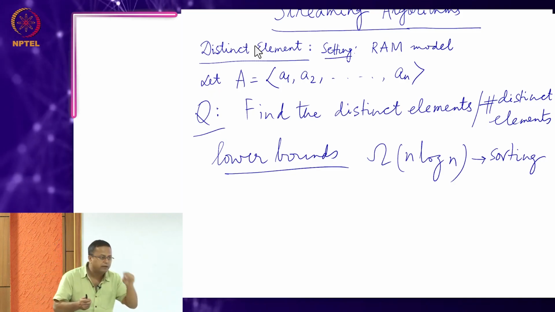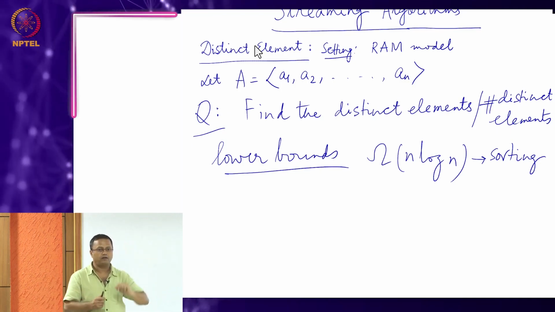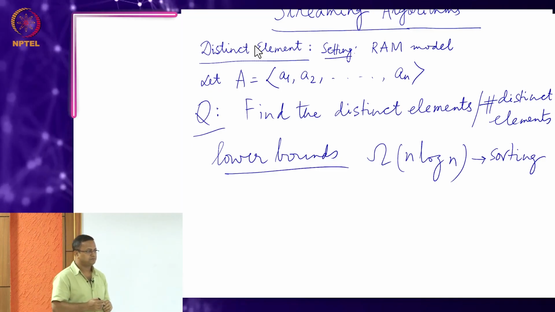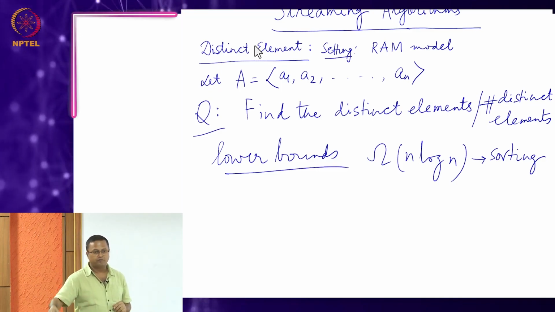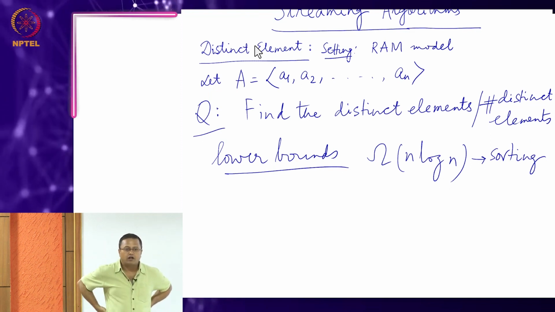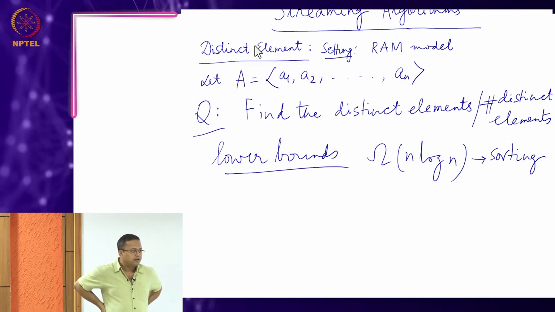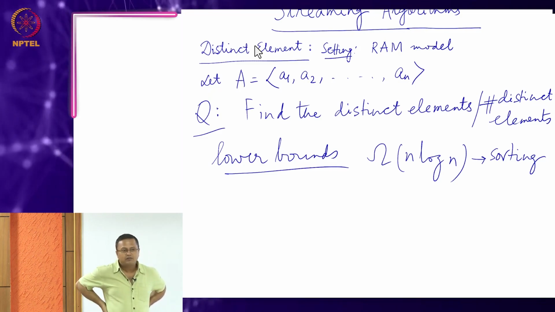But think of the same problem on this network router model. You have probably 1 million, 10 million packets going through this router in a day, and if you want to apply this algorithm, then you have to sort.